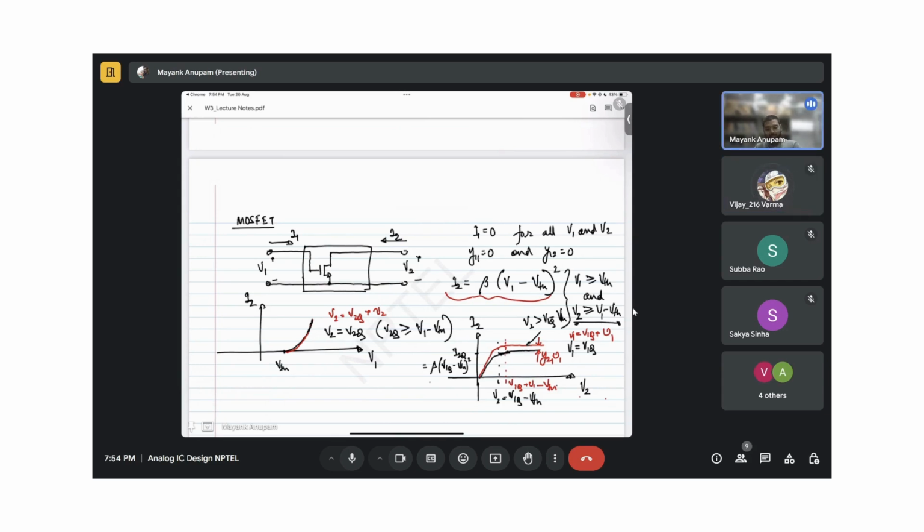Oh, that equation. Don't worry about this. It comes from device physics. This is something which we do not need to understand. For us circuit designers, we only need to know what the current equation is. That's all. Just take it for granted. You do not need to derive it, because this is known to you.